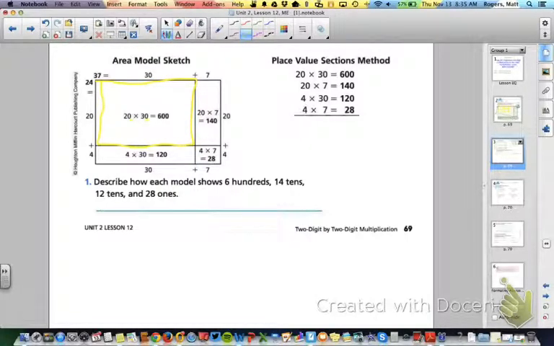So 2 times 3 is 6, add the zeros, you get 600. 20 times 7: 2 times 7 is 14, add the 0. 4 times 30: 4 times 3 is 12, add the 0. And then 4 times 7 is 28. Then I bring that over here to do my place value section method, again based off the area model, do our partial product equations, and then add up the answers.